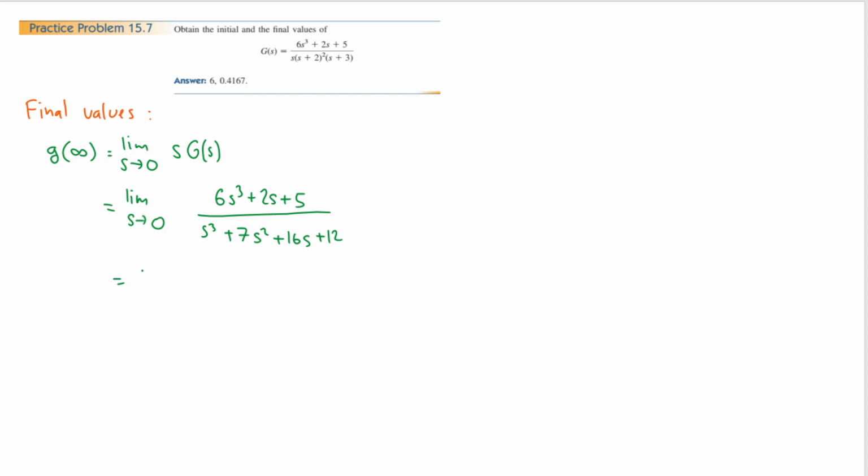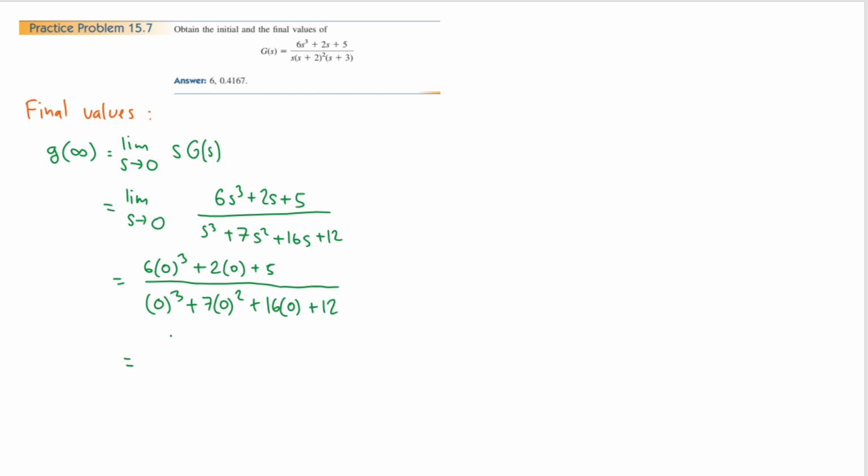We will have 6 multiplied by 0 to the third power plus 2 multiplied by 0 plus 5, divided by 0 to the third power plus 7 multiplied by 0 squared plus 16 multiplied by 0 plus 12.